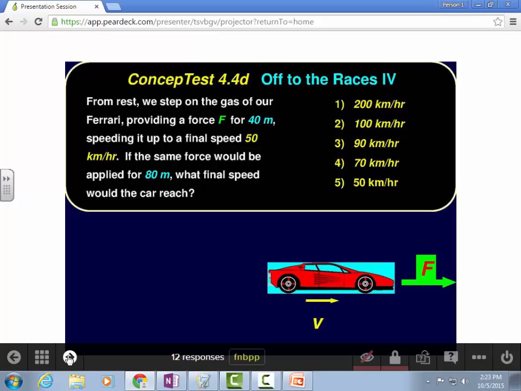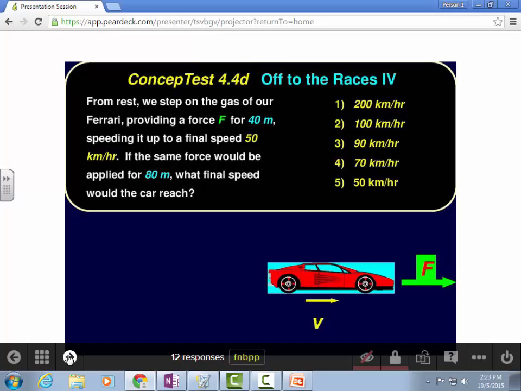All right, looking at this, what's our operative equation? Second kinematic, Vf squared equals 2a delta x. Why did I not include Vi? It's 0.